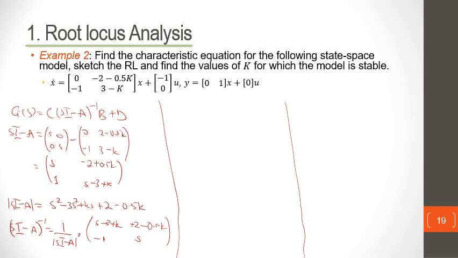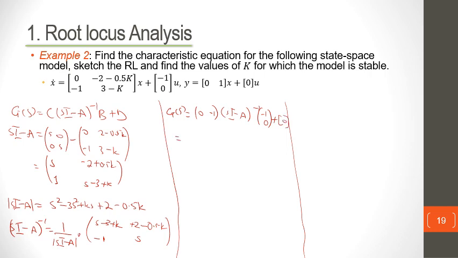Now if you calculate the transfer function G(s), it's going to be equal to C, which is 0 minus 1, times sI minus A inverse, times B, which is minus 1, 0, plus 0.